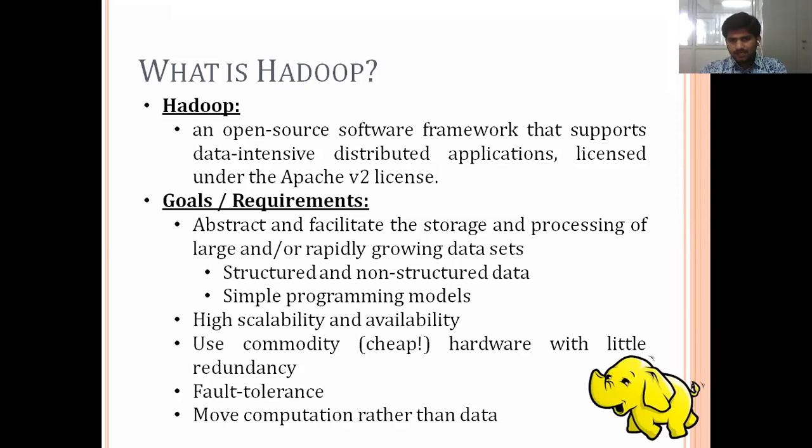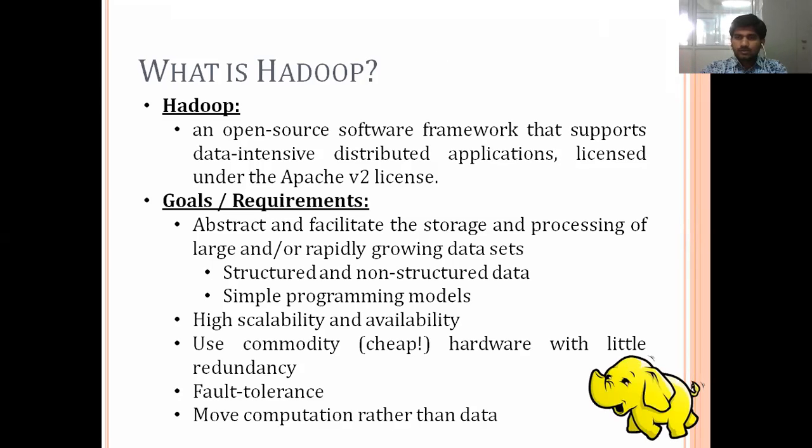High scalability and availability. And use of commodity hardware, cheaper hardware with a little redundancy. Then another very important one is fault tolerance. What is this fault tolerance? Have you heard the word fault tolerance?